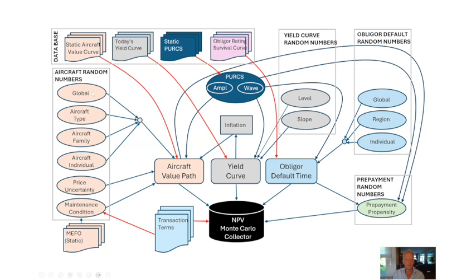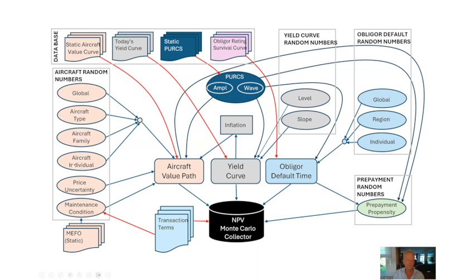Now, in reality, we are generating 4 separate random numbers. One is the global number, which affects all aircraft equally. Then we have one random number that affects all aircraft of the same type. Then a third random number that affects all aircraft within the same family, say the A320 family or the 737 family.